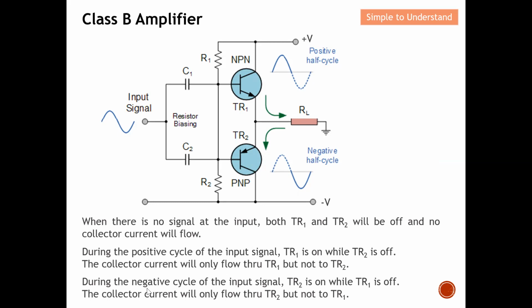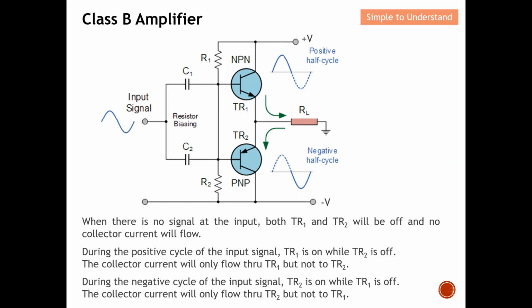Next, during the negative half cycle of the input signal, transistor 2 will be on, while TR1 will be off. This time round, this PNP transistor will be on, this NPN transistor will be off, because at the input is a negative signal.